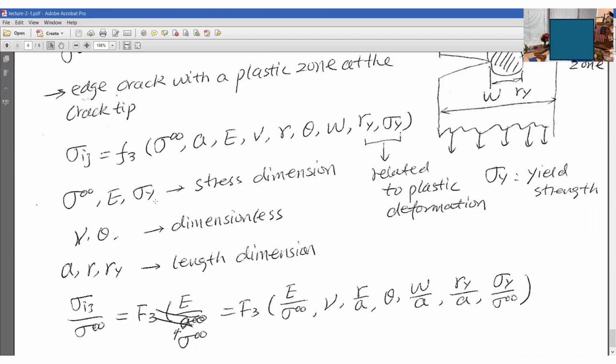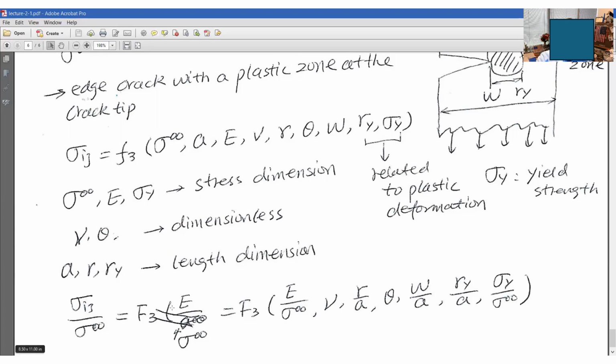So A, crack length, R, I'm sorry, R is the distance between the point of interest and the crack tip, and Ry is the radius of the plastic circle. So these three variables have the length dimension, right? So then I will have this primary sigma infinity, and A can be treated as the primary variables.